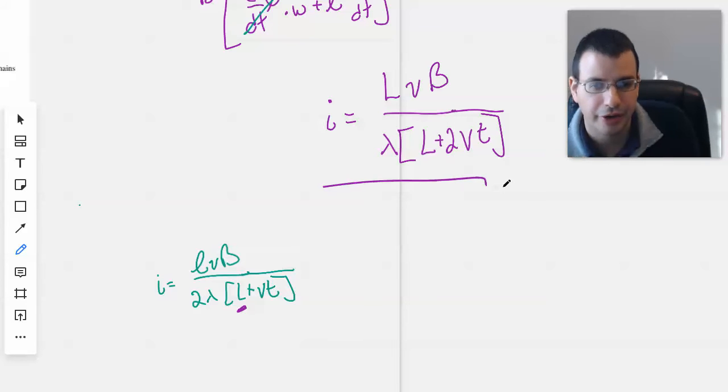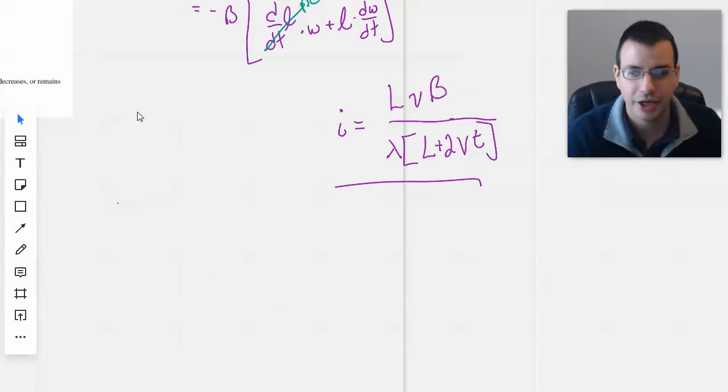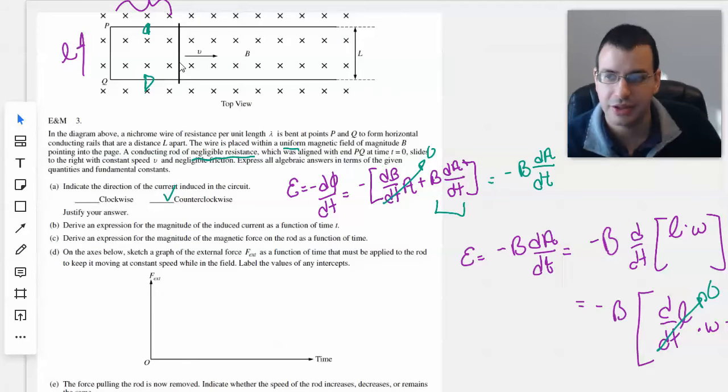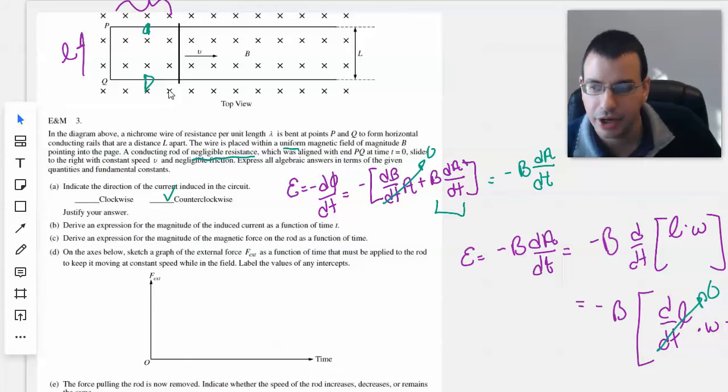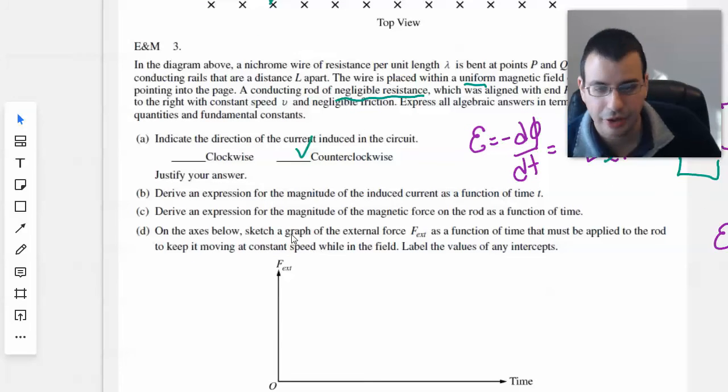Yep, I'm good with that. And so I basically just took out one of the widths because we can't assume that the conducting rod, which is of negligible resistance, has the same resistance as lambda. So, do I have an expression of magnitude of the current? Okay, bam. I hope that was the hard part of the question.